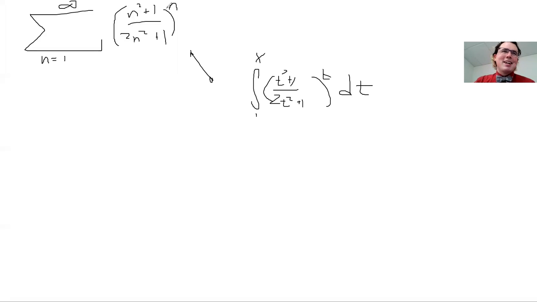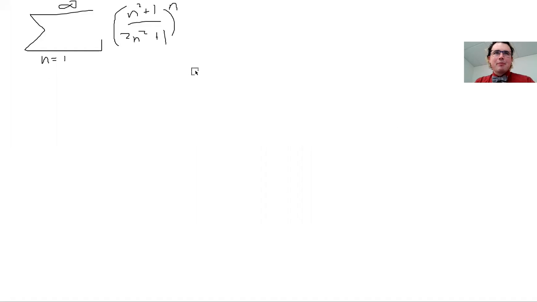No, that doesn't look like an antiderivative I want to mess with. The fact that I've got my formula raised to the power n is sort of the giveaway that I want to use the root test.